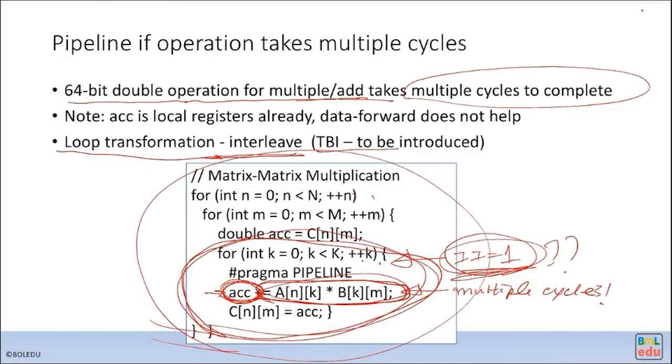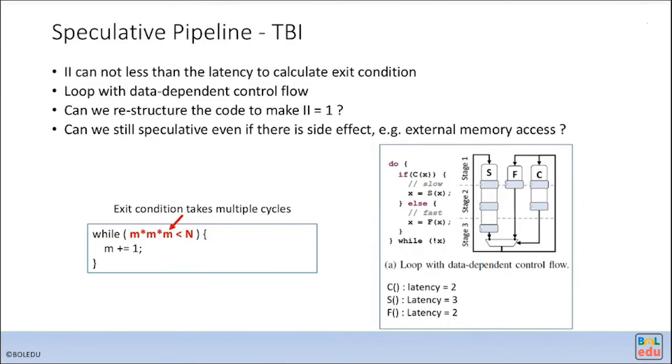So that's one case. Another case is speculative. Let's look at this case, a for loop, but the loop has a condition.